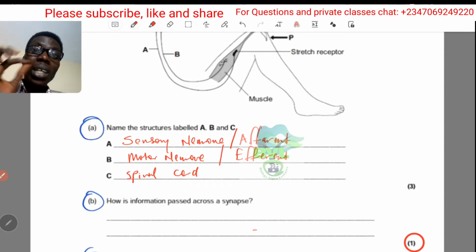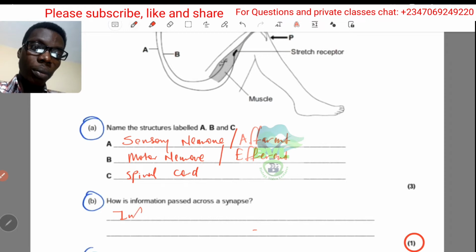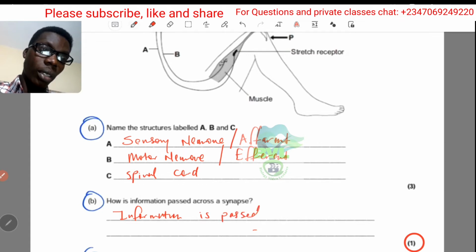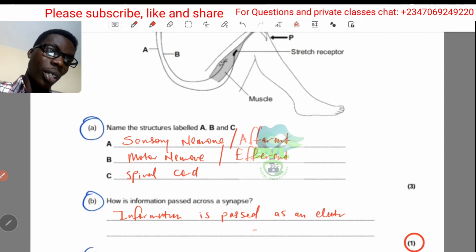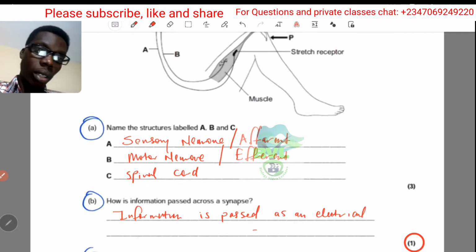So you're meant to condense the point, so you can say: information is passed as an electrical impulse through neurotransmitter.